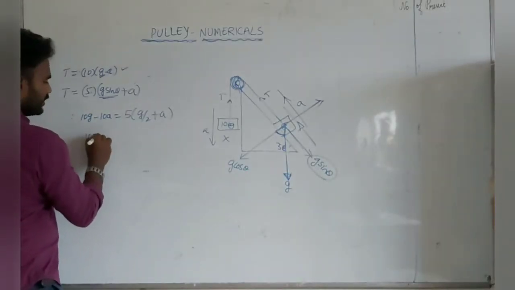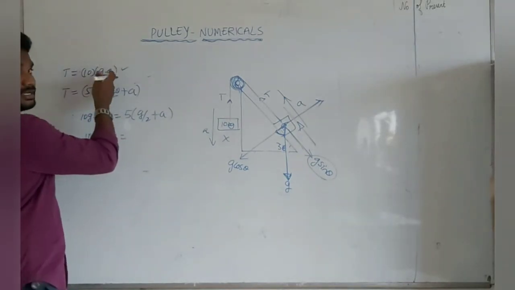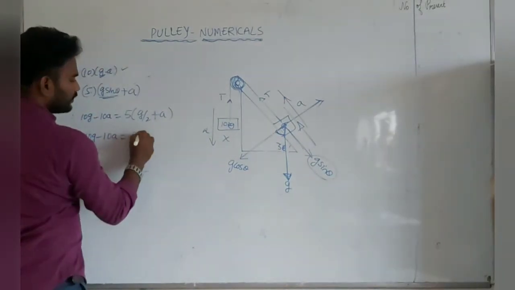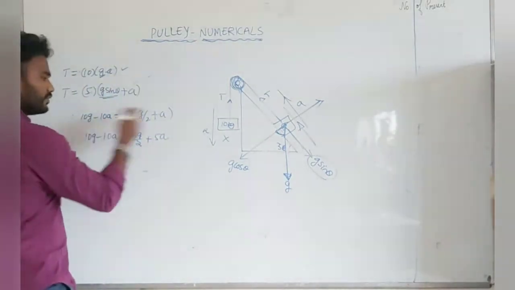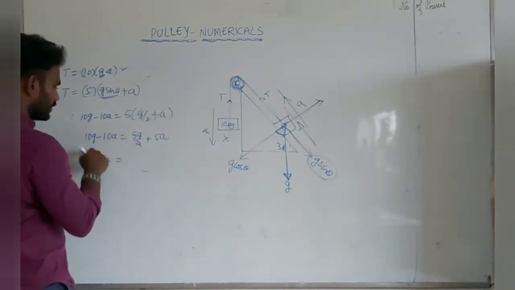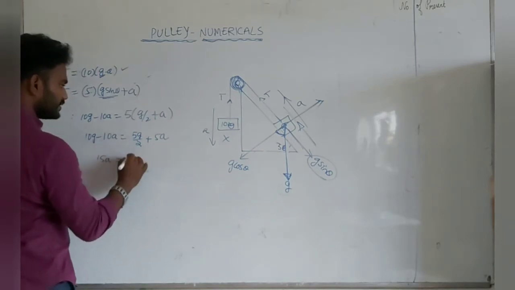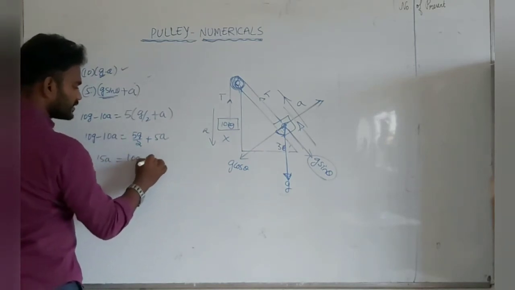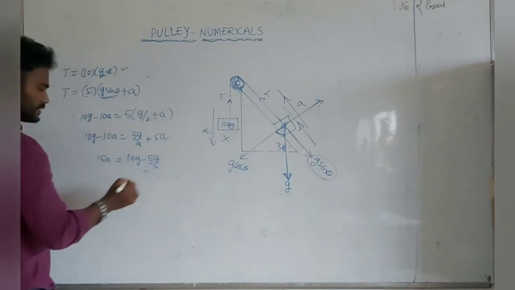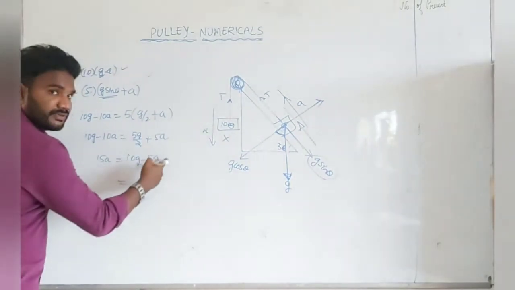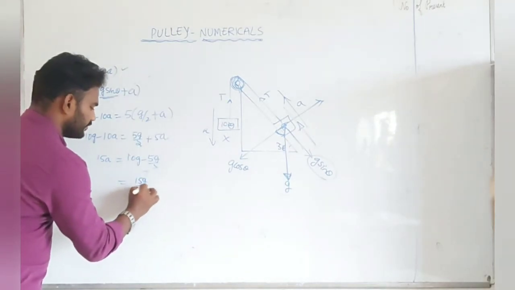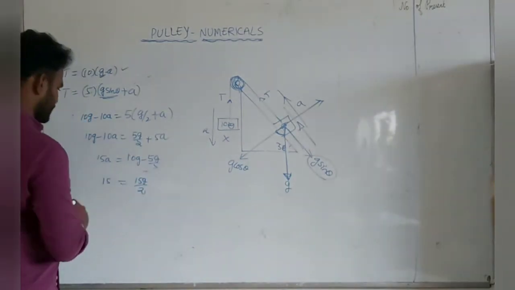So 10G minus 10A, as usual, is equal to 5G by 2 plus 5A. Now take all A's to one side: 15A is equal to, tell me guys, what happens? 15A is equal to 10G minus 5G by 2. That's 20G minus 5G, how much? 15G divided by 2 is 15A.